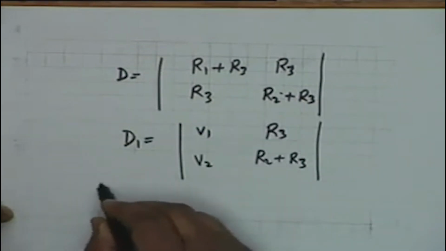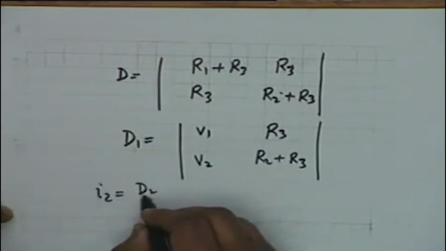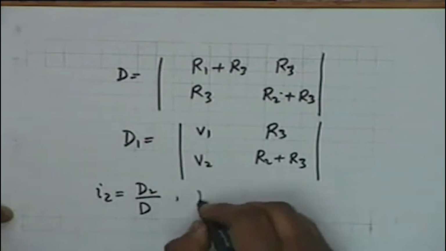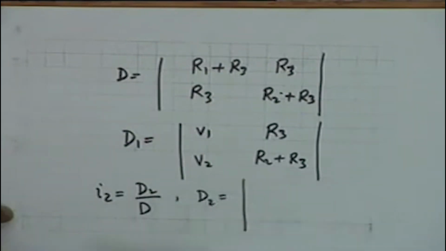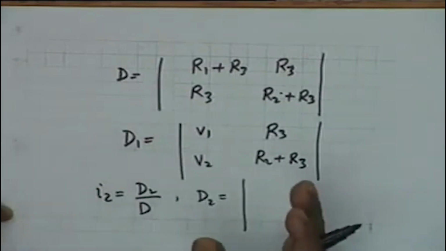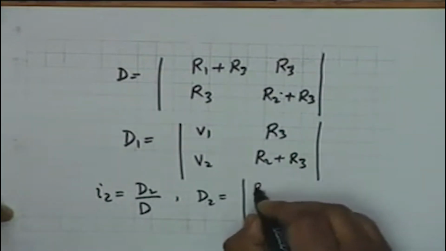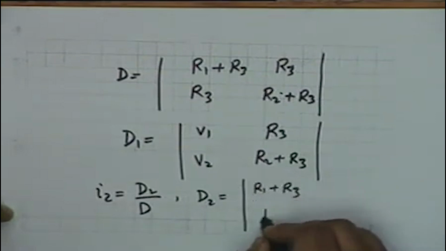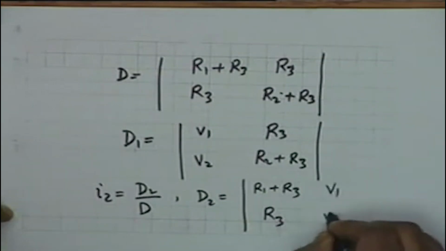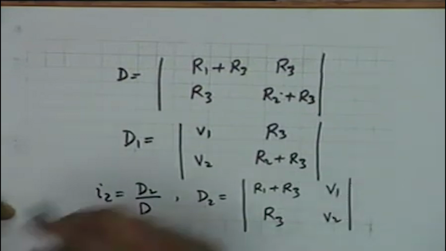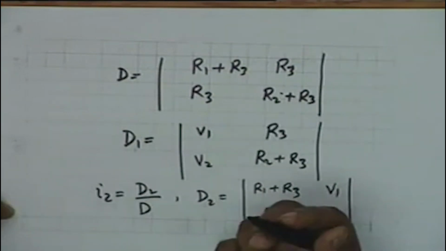Now similarly you could find I2 as D2 by D, where D2 is the same determinant but with the second column replaced by the right hand side, that is R1 plus R3 R3 V1 V2. This method is completely general.